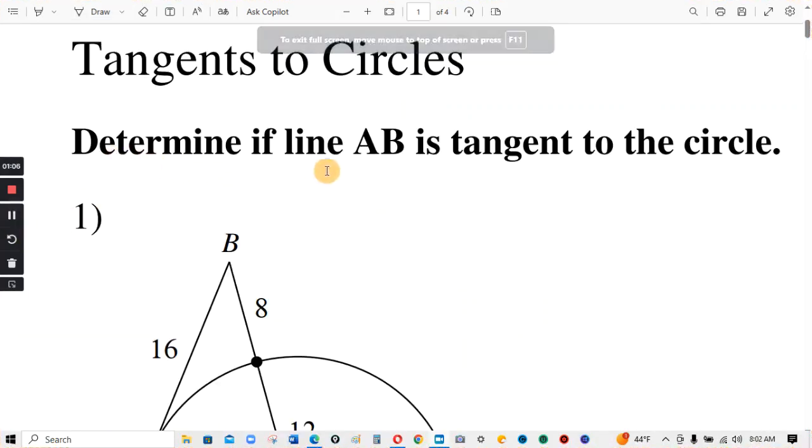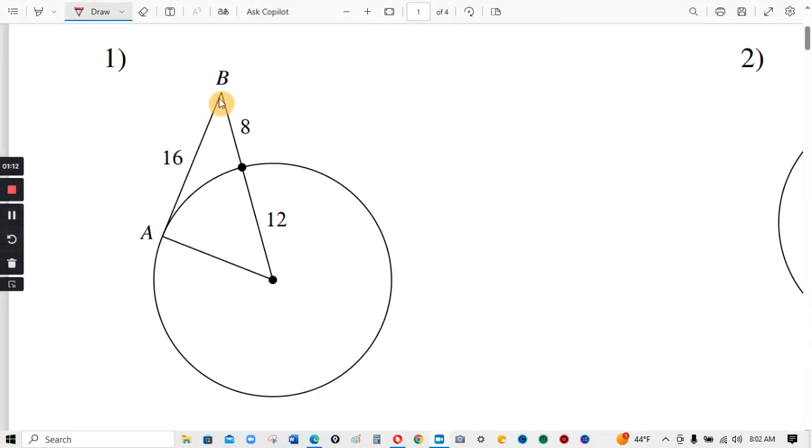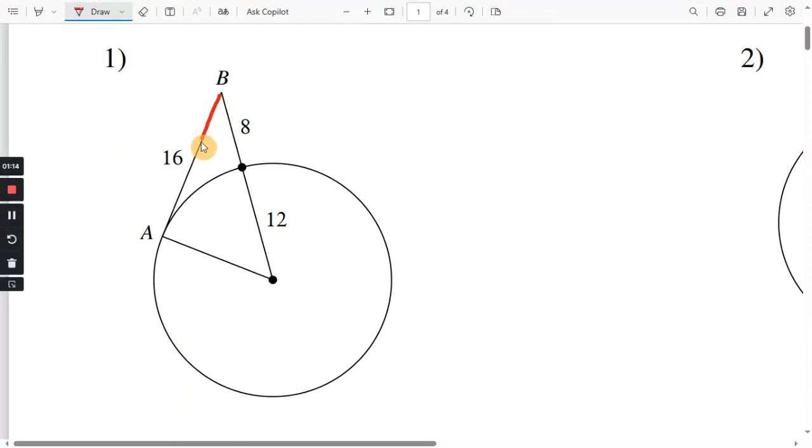Determine if line AB is tangent to the circle. So let's see, right here is line AB, and we can assume this is the center. So this right here is a radius, and this right here is also a radius.